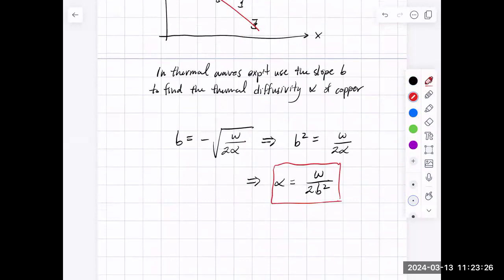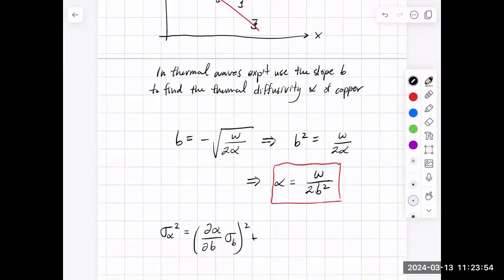Now let's just do a bit of practice of propagation of errors, because what we would want to do is also estimate the uncertainty in alpha. And so the uncertainty in alpha squared, let's say, is going to be by propagation of errors, d alpha dB times sigma b all squared.